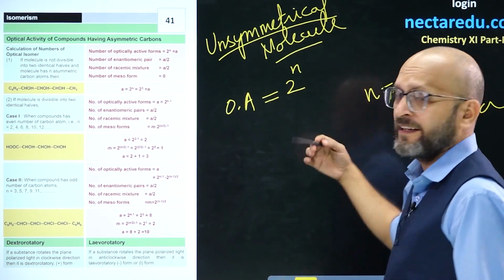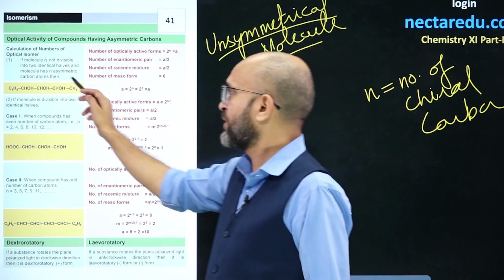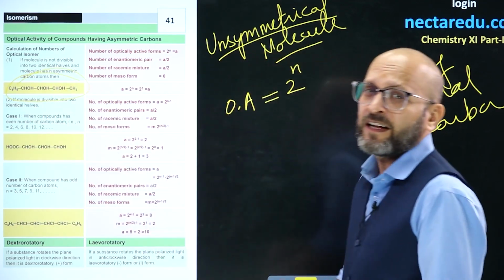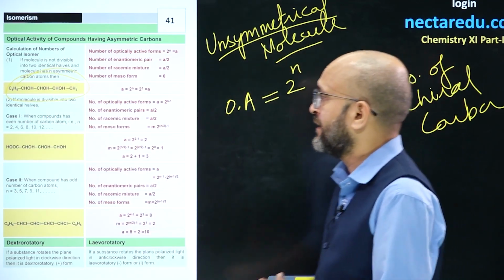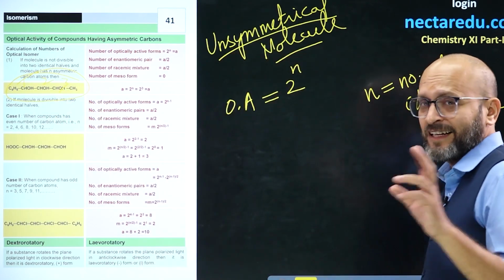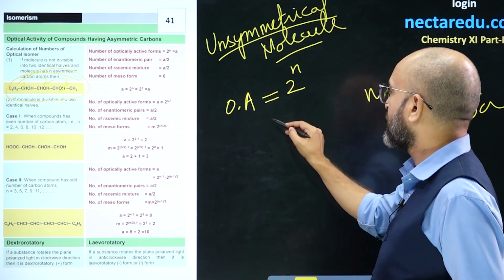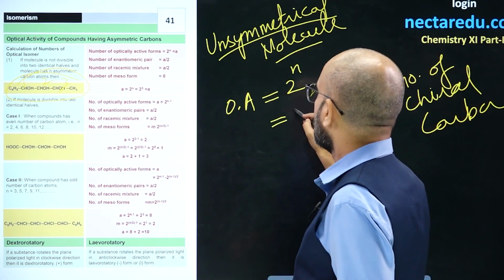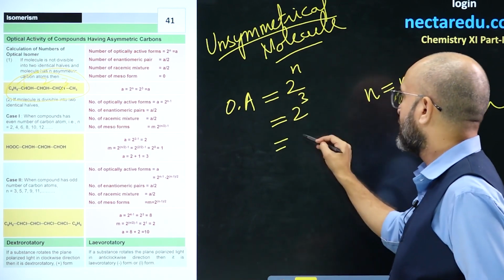Let's say we have taken an example where the number of chiral carbons is 3: first carbon, second carbon and third carbon, all three are chiral carbons. So the number of optically active compounds is 2 to the power 3, that is 8.